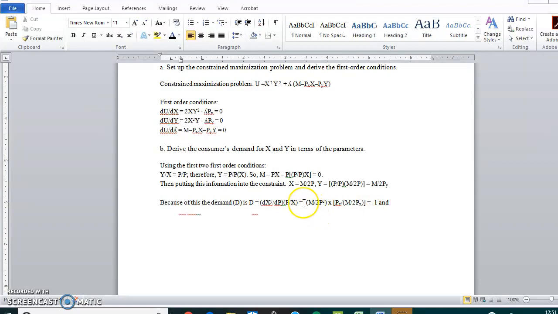And because we have the negative situation here, instead of 1, now we have negative 1.